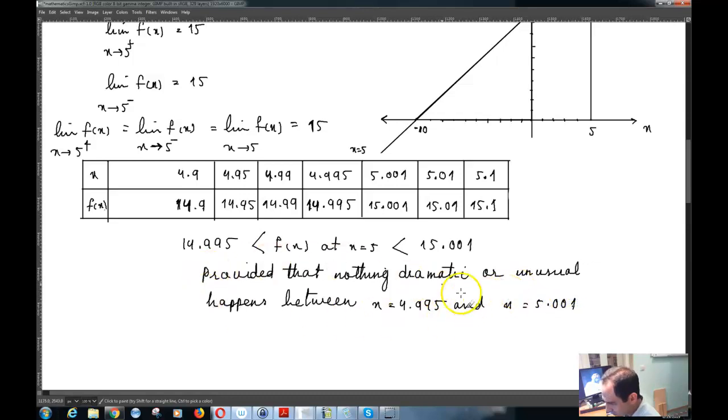Provided that that's the case, then I can deduce that the value of f of x at x equal to 5 is some value between 14.995 and 15.001.